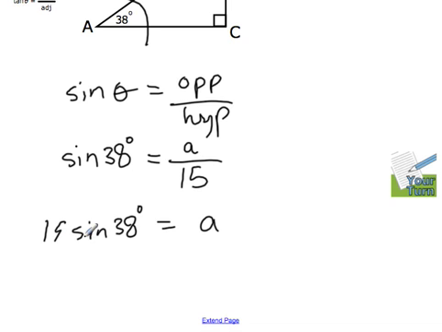Let me try mine, see if mine will work for me. 15 sine 38. My calculator went funny. Okay, I'm back. 15 sine 38 equals, oh, I'm always forgetting that, the bracket, 9.23.